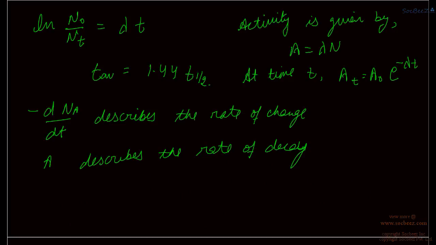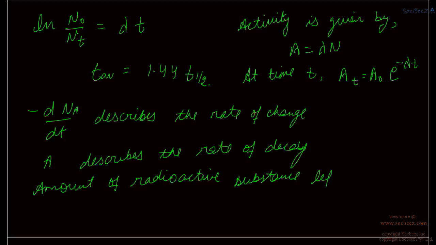Since this is a first order reaction, we can say that the amount of radioactive substance left after n half-lives equals A naught upon 2 raised to the power n.